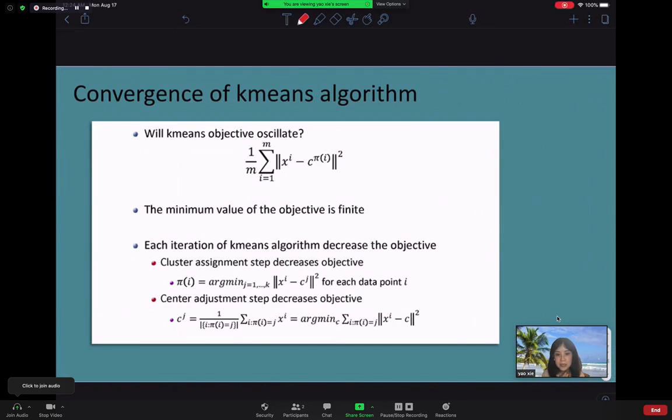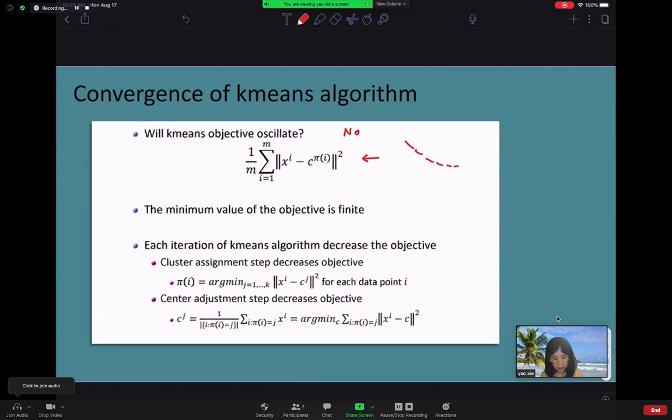Okay, and so the convergence, we're talking about whether or not this is going to converge in a finite number of steps. It actually will converge in a finite number of steps. So the first thing you can think about is the question: will the k-means objective function oscillate? And the answer is no. It will not oscillate. It will be monotonically decreasing.